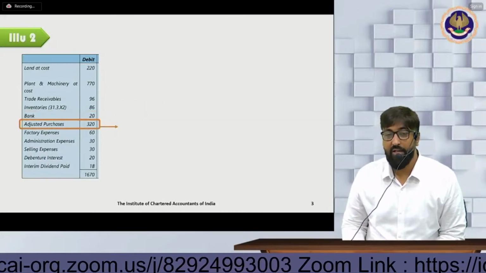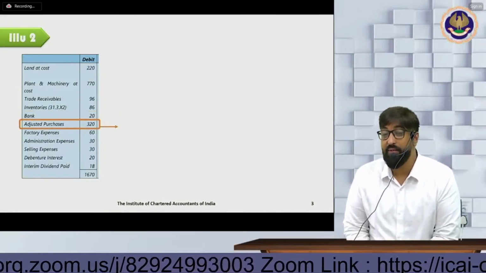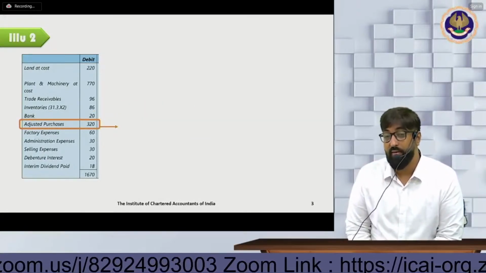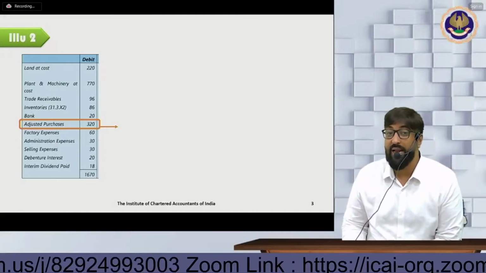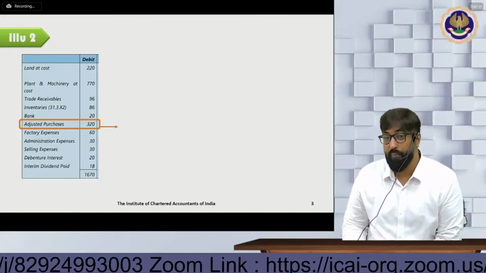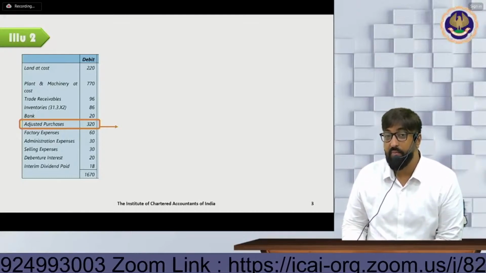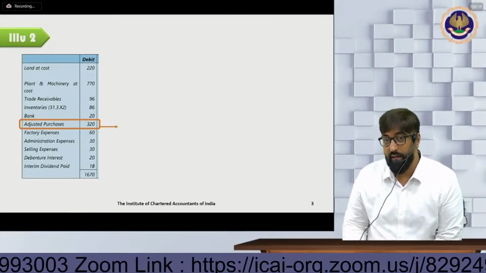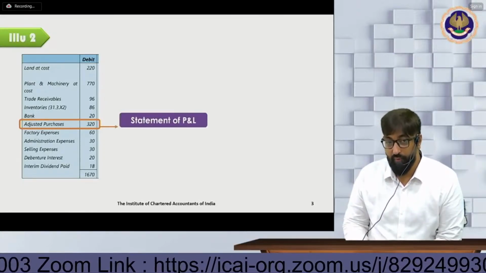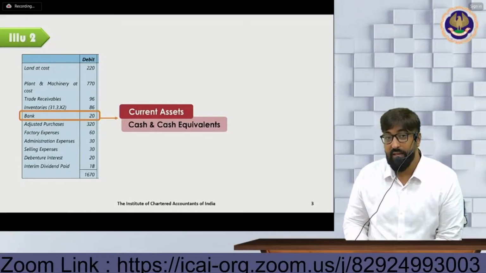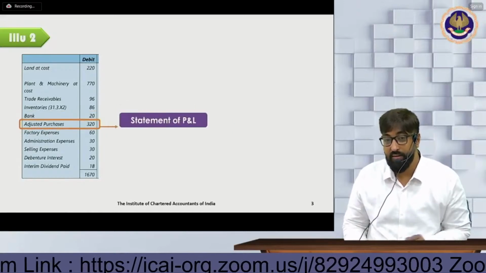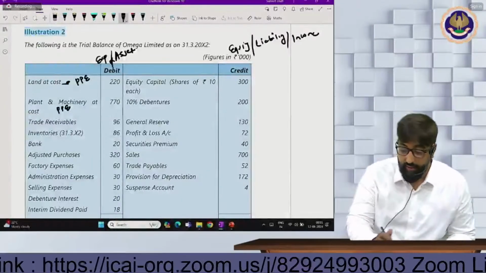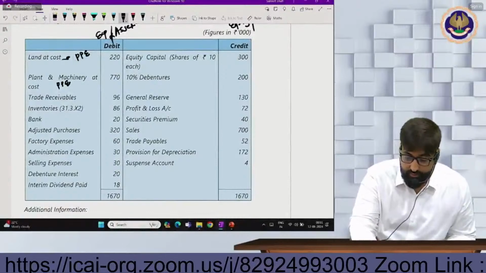Then adjusted purchase. Now this is something very important. This is in profit and loss account. And what is adjusted purchases? It is opening plus purchase minus closing. Okay, but now wait. These adjusted purchases we have to bifurcate in two parts. This is IMP.